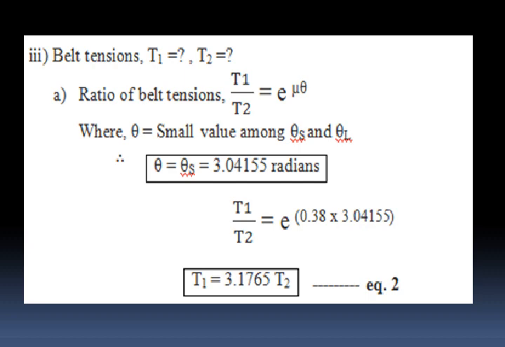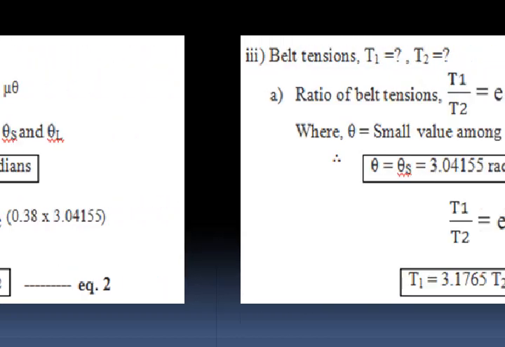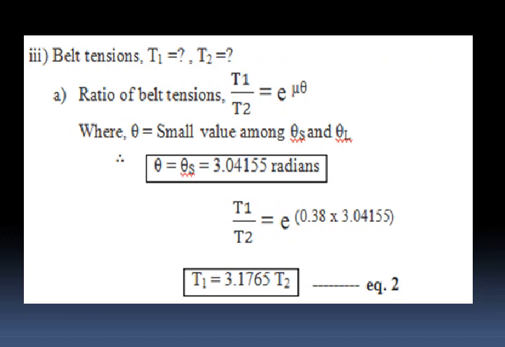By comparing the values of theta L and theta S, the smaller value is theta S only. So theta is equal to theta S, that is 3.04155 radians, or T1 by T2 is equal to e raised to 0.38 into 3.04155.